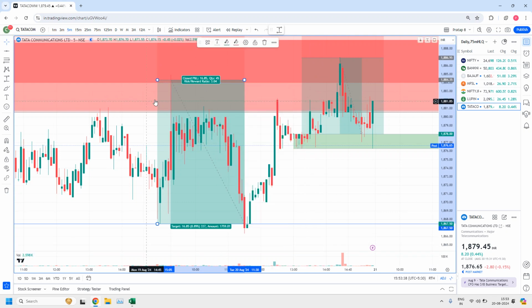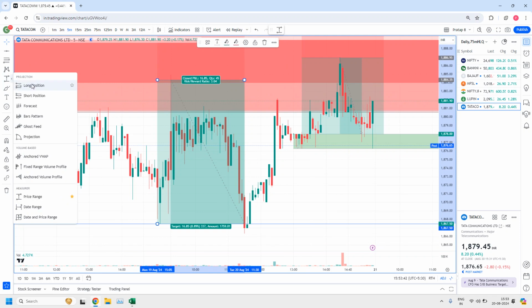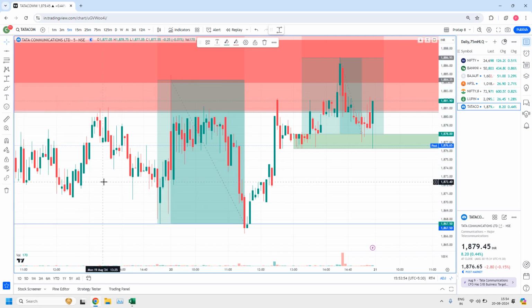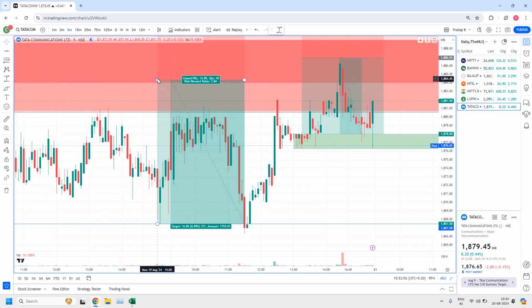So that's why these tools, the long position and short position tools, are very, very important. I already explained these tools in our training videos. I don't remember the exact lesson number, but in one of the lessons I explained. Also, in several HLQ analysis videos, we used these tools. This is the short entry. So this is the way we adjusted for achieving the RR.